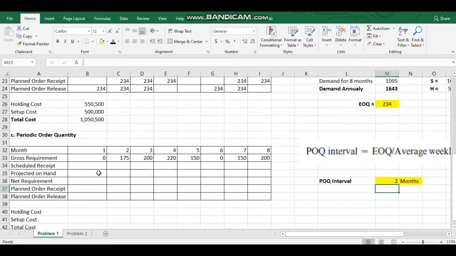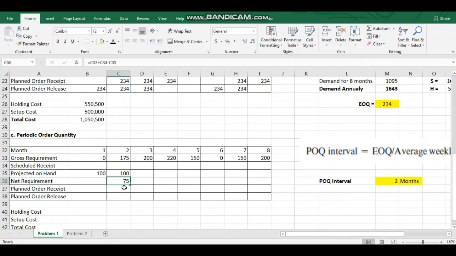To be more clear, let's start the fulfillment table. Projected on hand is 100, and there's no requirement, so in the second month it's still 100 because it's not used. Then our requirement is 175 units, so there's still a shortage, and our net requirement becomes 75 units.